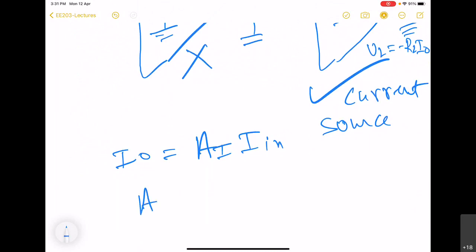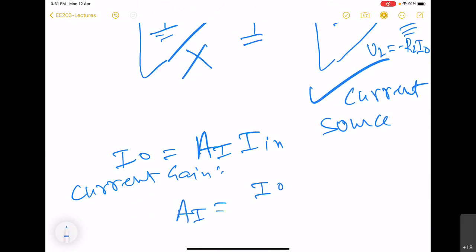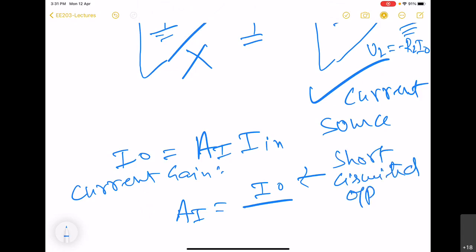AI is the transfer function, or you can say the current gain: the short circuited output current divided by the input current.